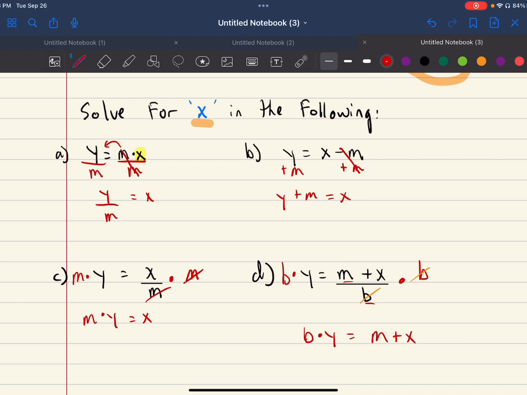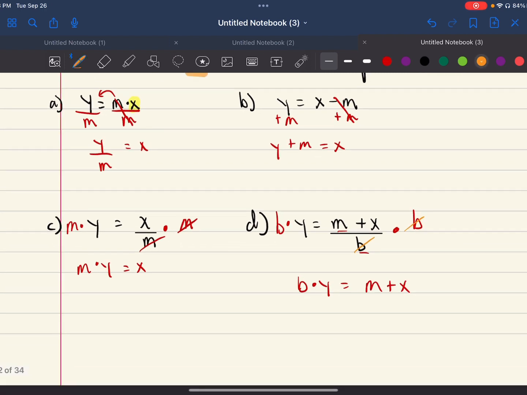Now, here, this m, in front of it, there's always an invisible plus if there's nothing written there. So it's undergoing an addition operation, essentially. So if I move this to the other side, it's going to have to do the inverse operation.